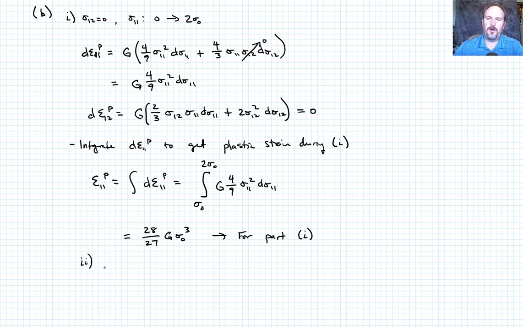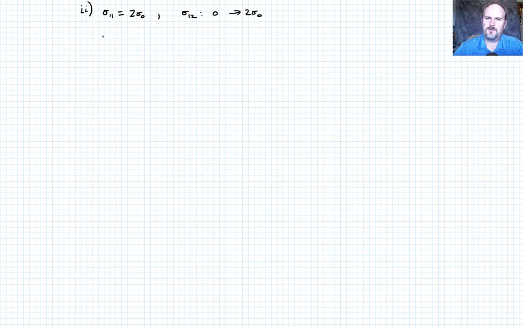Okay, in part 2, we had that sigma 1,1 is going to be fixed at 2 sigma naught, and then we also had that sigma 1,2 is going to go from 0 up to 2 sigma naught here. Okay, so let's go ahead and write down what the strain increment terms are.